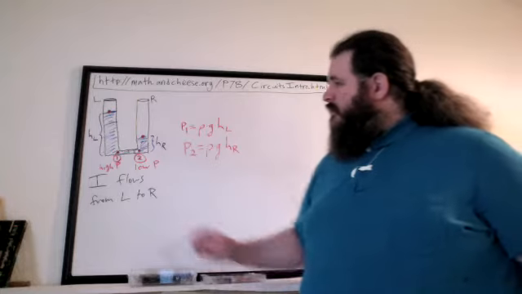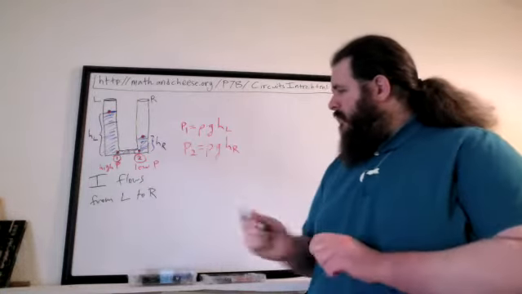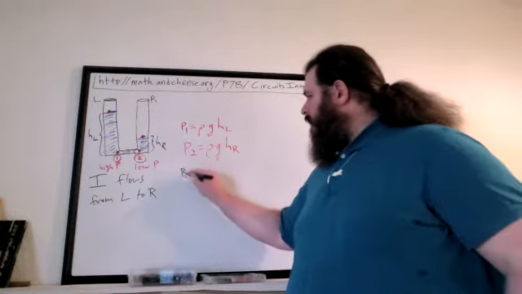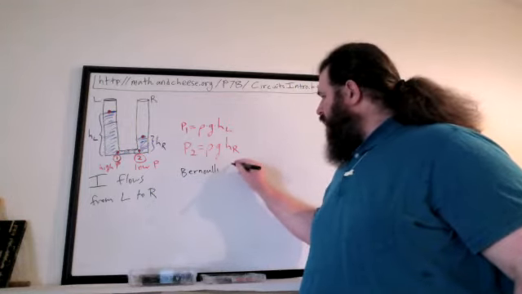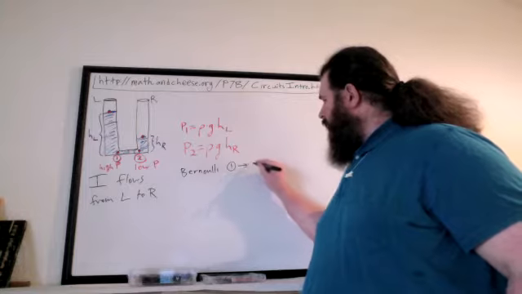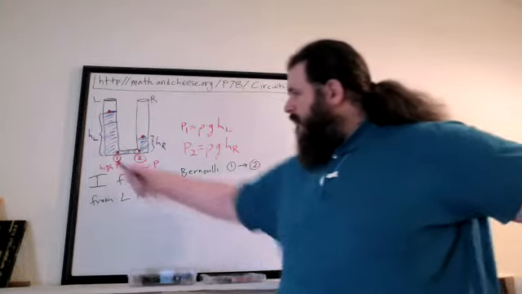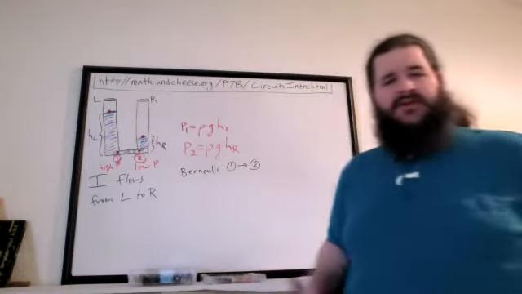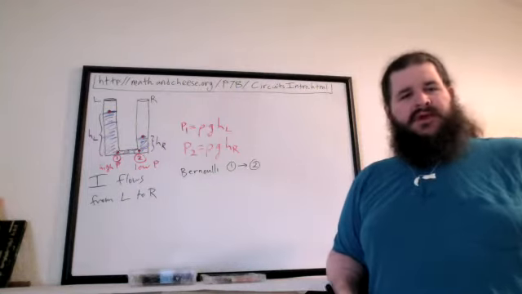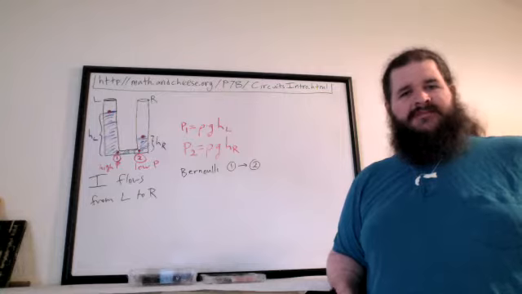If we write out a Bernoulli equation for just the flow pipe, from just 1 to 2, and we're assuming that fluid is going to flow from 1 to 2, so we may as well treat 1 as initial and 2 as final. What would be the Bernoulli equation for just those two points?